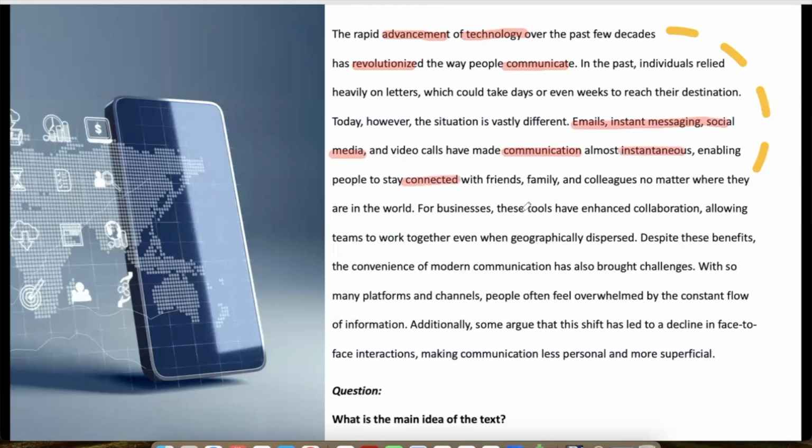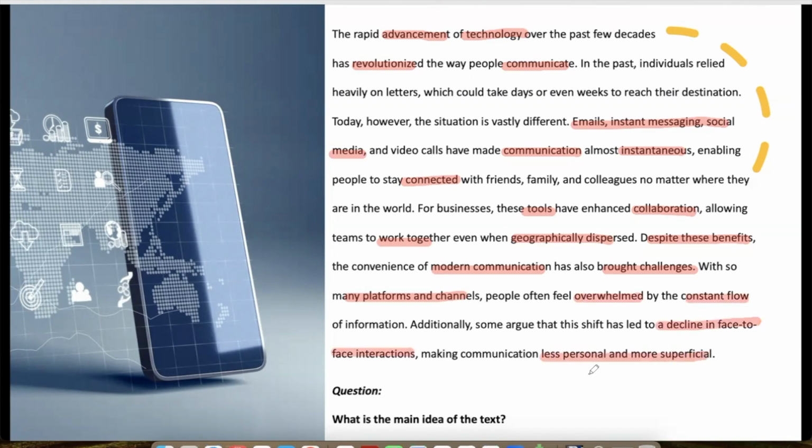For businesses, these tools, collaboration, work together, geographically dispersed. Despite these benefits, modern communication, challenges, platforms, because we're going to talk about social media, overwhelmed, the constant flow of information. This shift has led to a decline in face-to-face interaction, less personal.